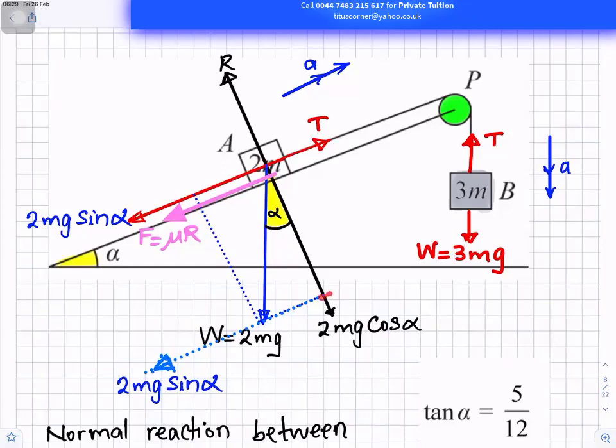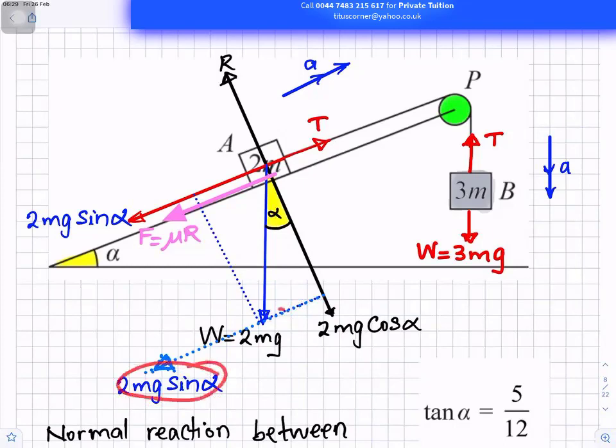Now, if you're going down this way, that's the opposite to that alpha. So you use sine. Sine alpha is opposite over hypotenuse. So this one here is 2 mg sine alpha, because the hypotenuse is 2 mg.